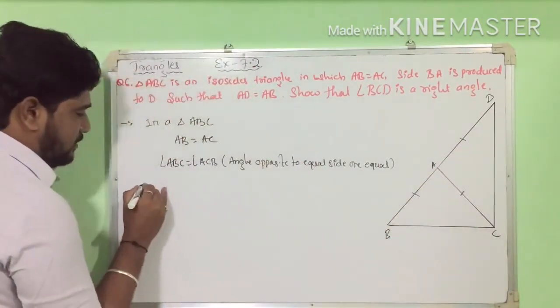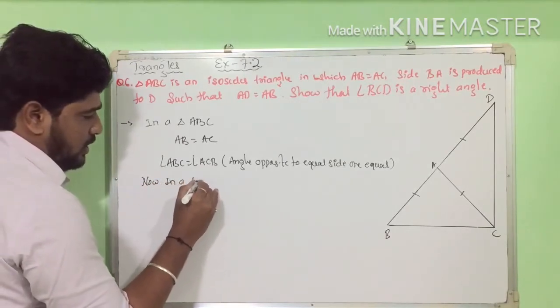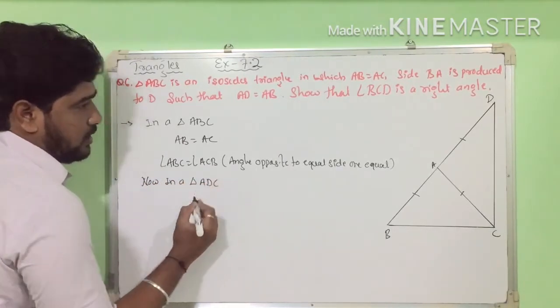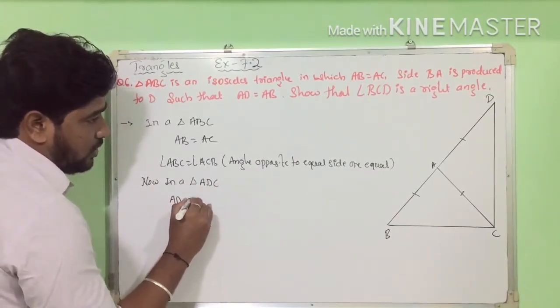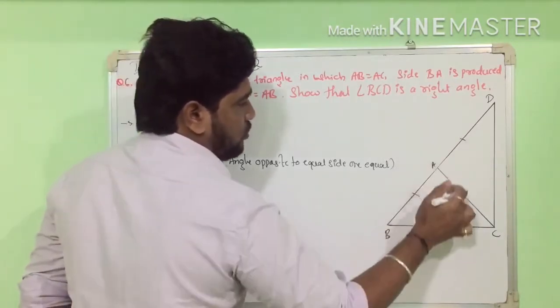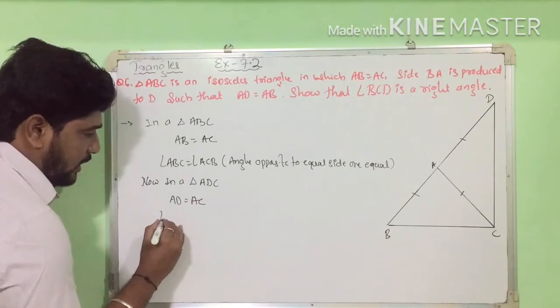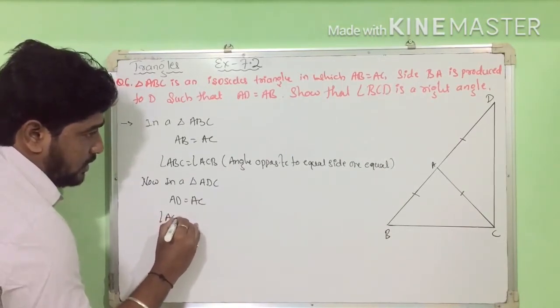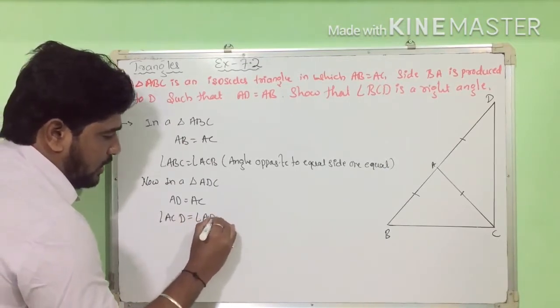So now another triangle, ADC. Now in triangle ADC, here also they have given AD is equal to AC. So these two sides are equal, means these two angles are equal. The angle ACD is equal to angle ADC.